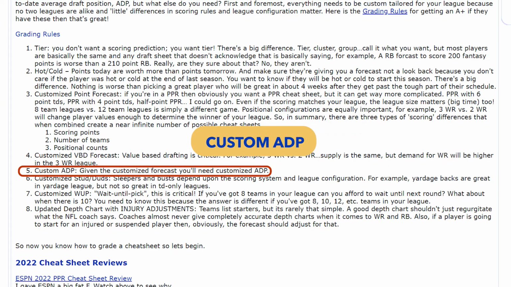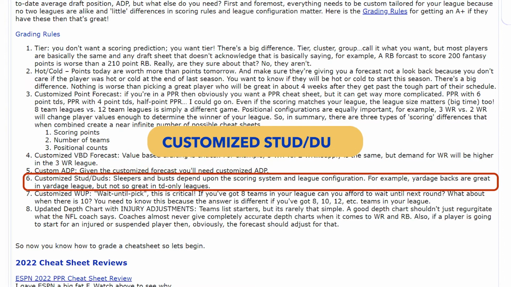Customize ADP. So if they give you an overall rating for a player, well, is that for an ADP league? Is that for what particular scoring type is this ADP? Customize studs and duds. So based upon 3, 4, and 5, what are the studs and duds?